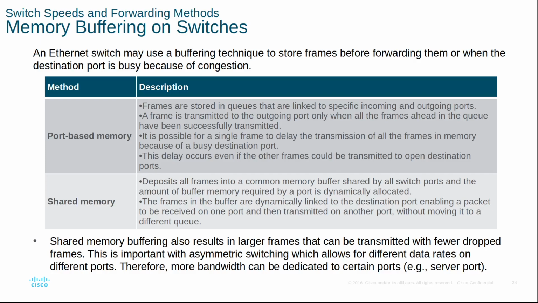Frames are transmitted out the outgoing port only when all the frames ahead in the queue have been successfully transmitted. Think of it as like a line, right? It's possible for a single frame to delay all the frames in memory because of a single port. And this delay occurs even if the other frames could have been transmitted because those ports are open.